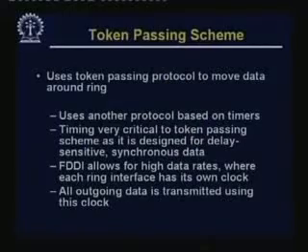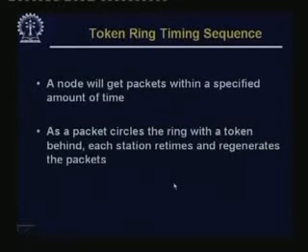So, FDDI allows for high data rates where each ring interface has its own clock. All outgoing data is transmitted using this clock. A node will get packets within a specified amount of time. This is now the timing part of it.